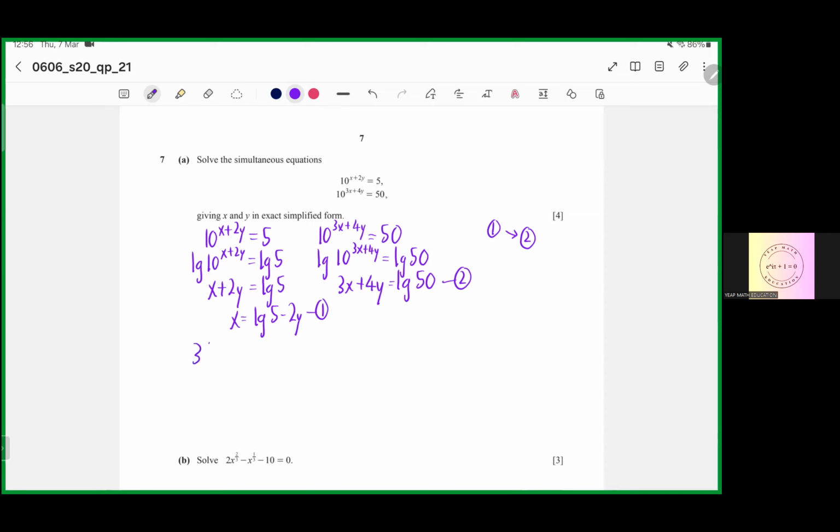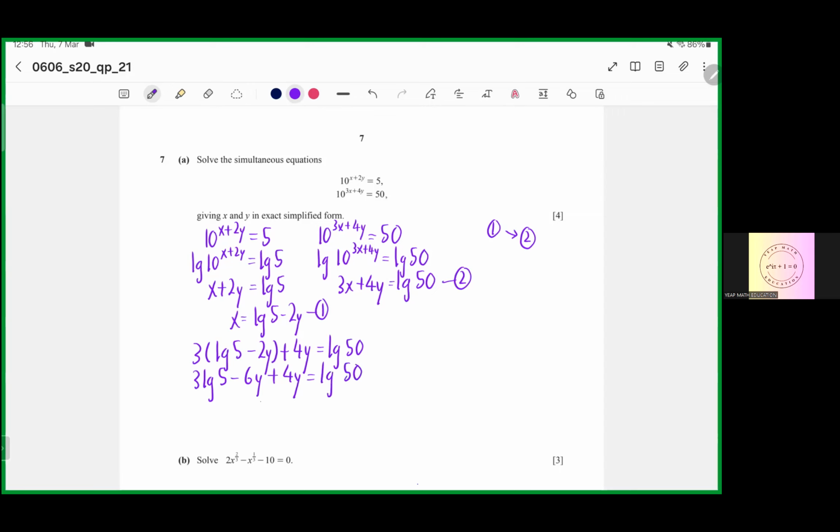Okay, 3 bracket log 5 minus 2y plus 4y equals log 15. Okay, 3 log 5 minus 6y plus 4y equals log 15.